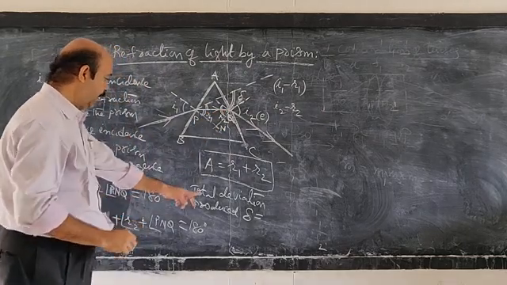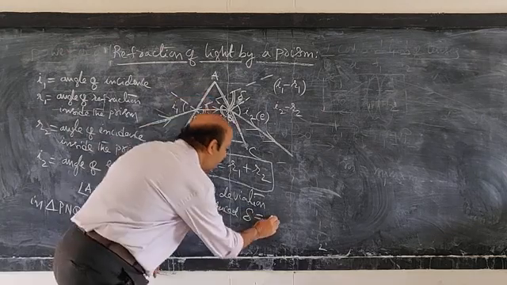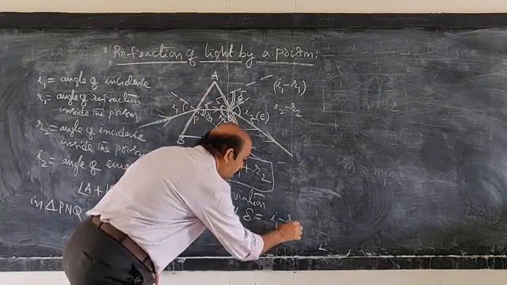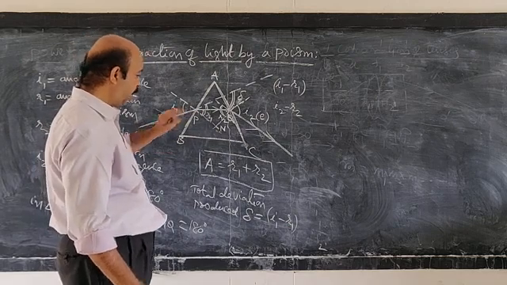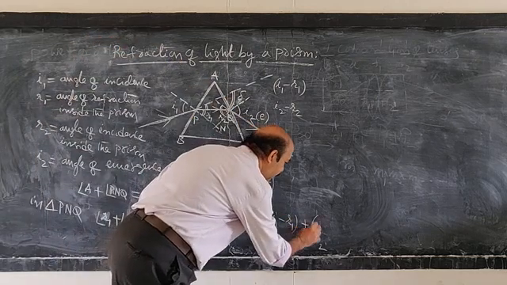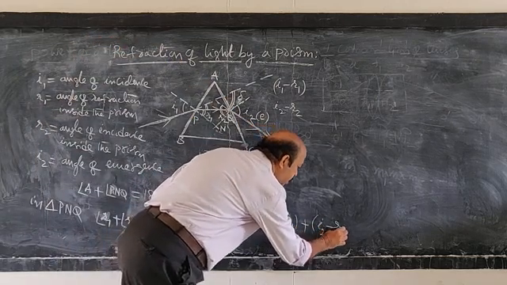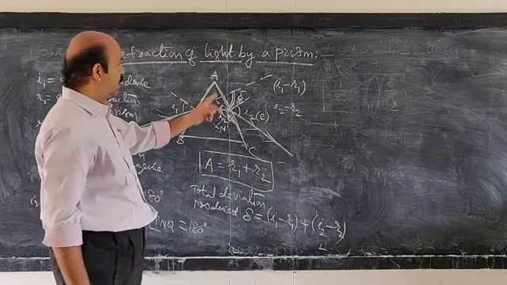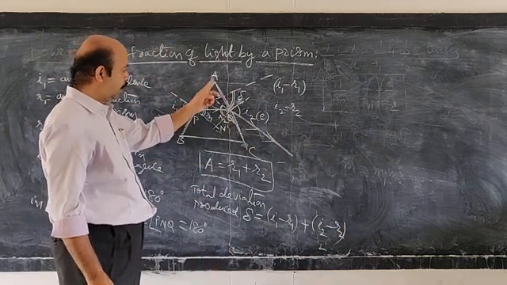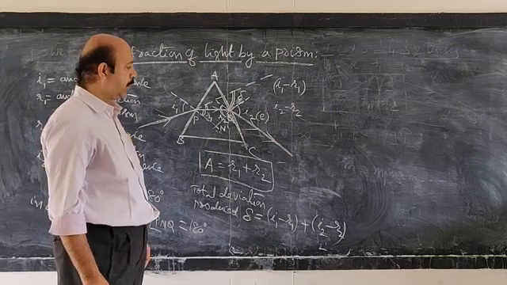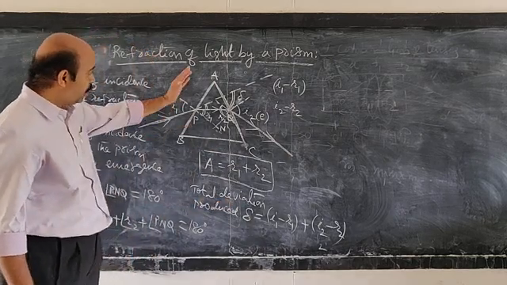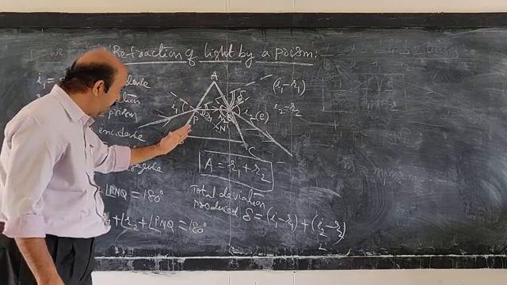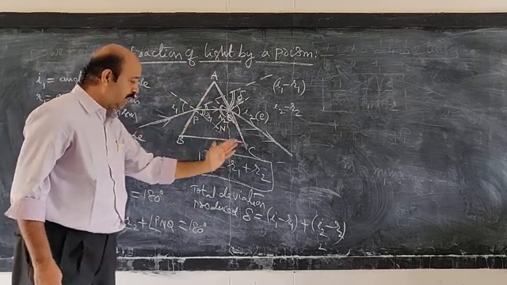Therefore, the total deviation produced is I1 minus R1 at surface AB at P and I2 minus R2 at Q at the surface AC. That is the total deviation produced by the refracting surface AB and the refracting surface AC.